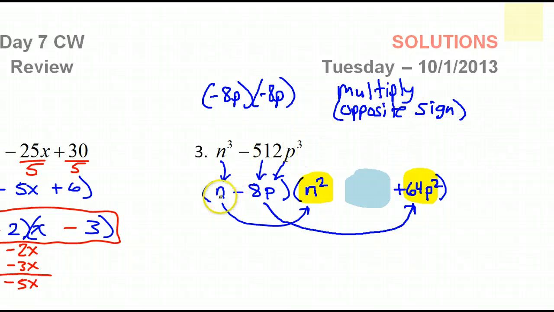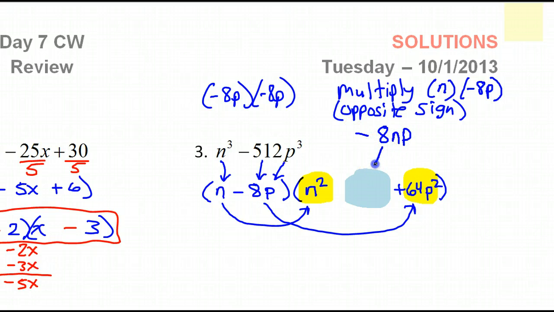Alright, so if I multiply these, I'm multiplying n times negative 8p. So if I multiply those together, I get negative 8np. Okay, but right here I'm going to put positive 8np because you do the opposite sign.